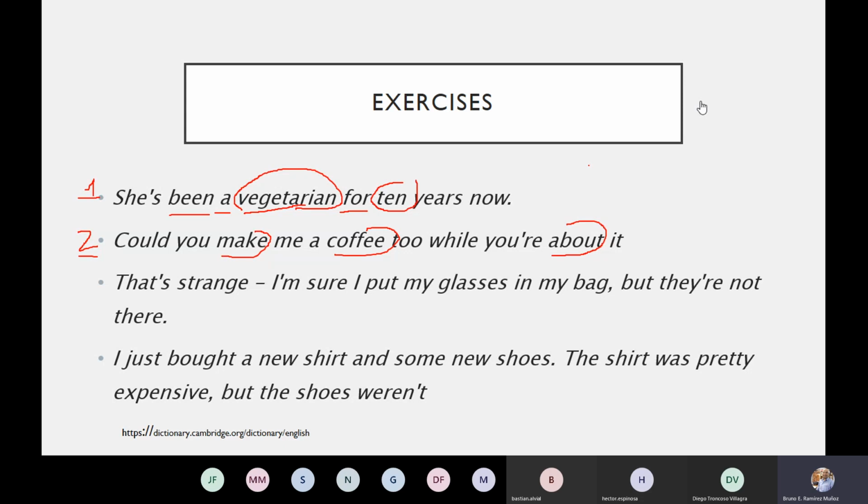Not is the key information that is contradicting or opposing the previous statement. I'm sure I put my glasses in my bag, but they are not there. Of course, I can decide as a speaker to emphasize another word. But in my opinion, I would stress the word not, because previously I said that I put my glasses in my bag, but they're not there.